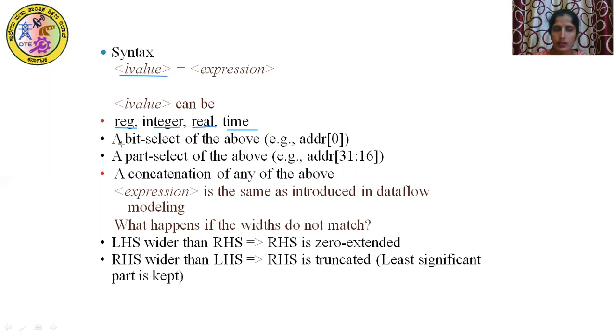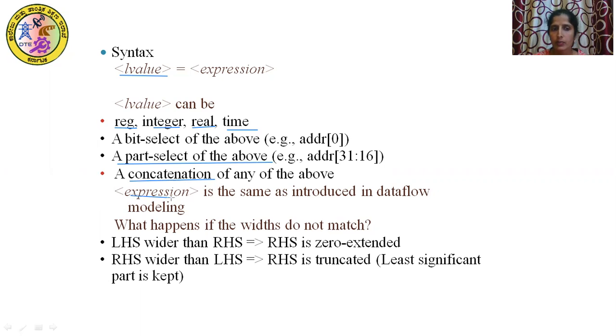And all these can also be chosen as a bit select of the register, integer, real, or time, or a part select of the above. That is, a part of a register, part of an integer, part of real, or time. Whereas it can also be a concatenation of all the above.